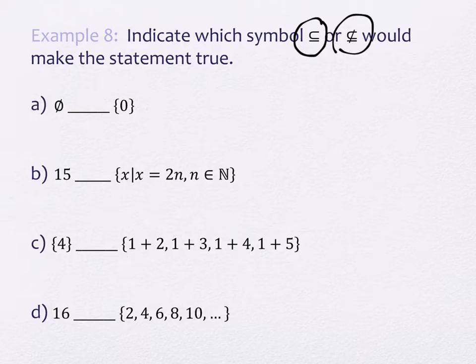All right, so the difference in these two questions, example number 7 and example number 8, is what's on the left a set or is it an element? On the last one we looked at is it an element, and now we're looking at is it a set. And then I can look at the containment issue. So the first one, part A, is what's on the left a set?